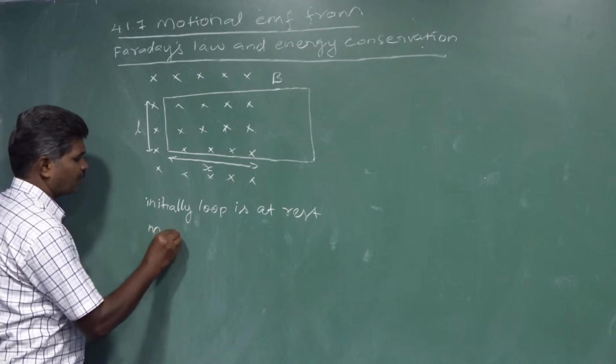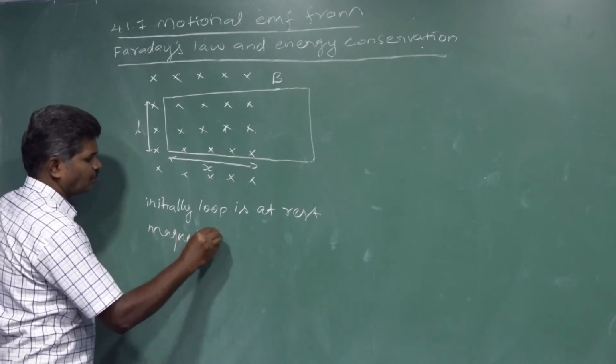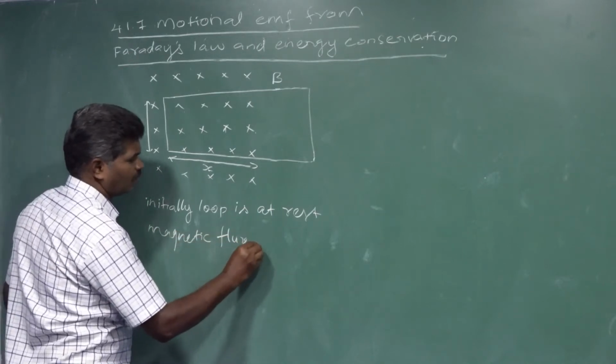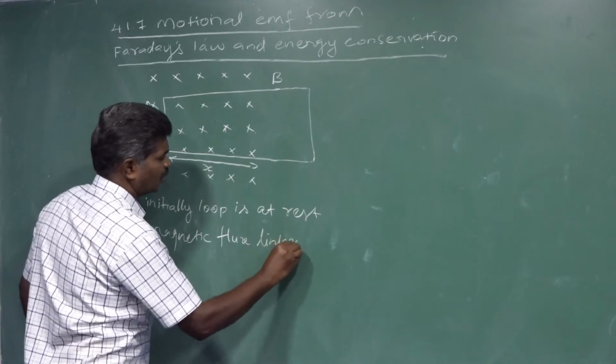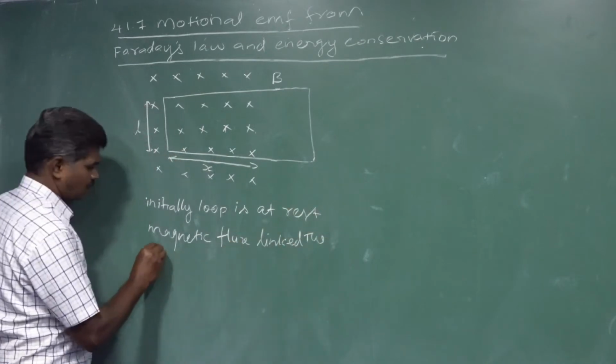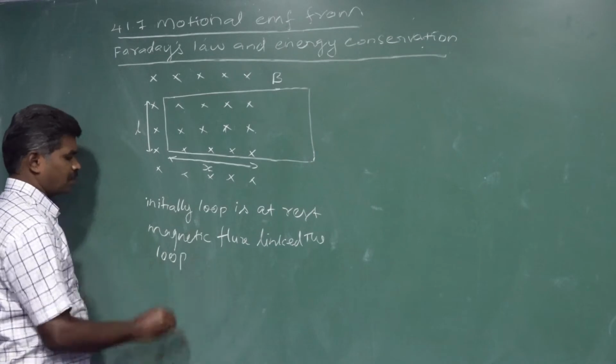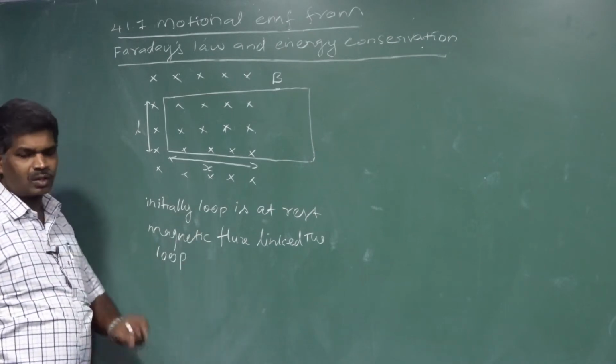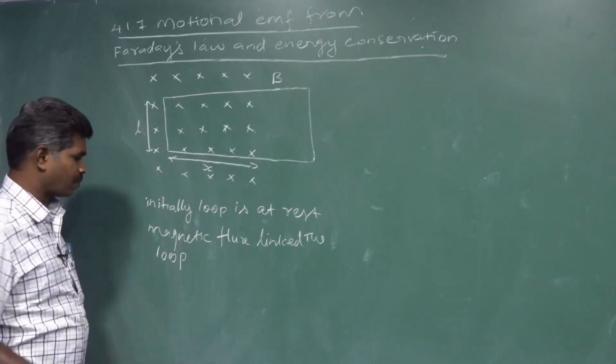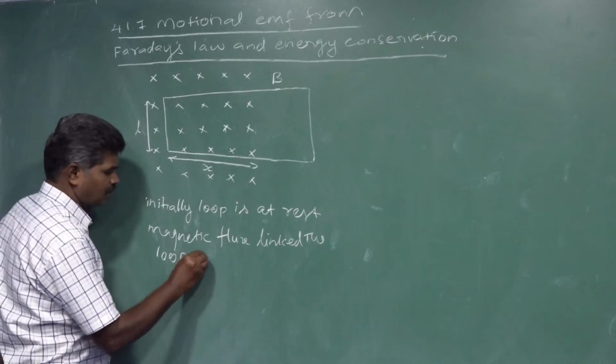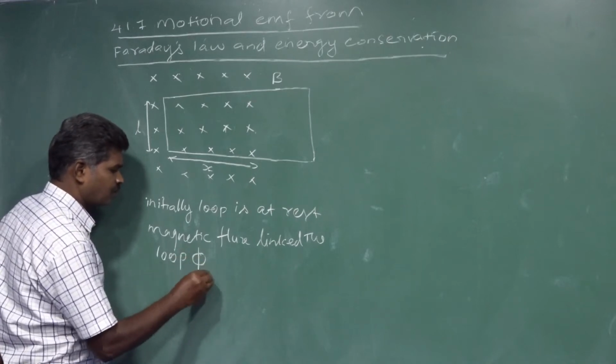The magnetic flux linked with the loop we are going to calculate. That can be symbolized as phi suffix B.